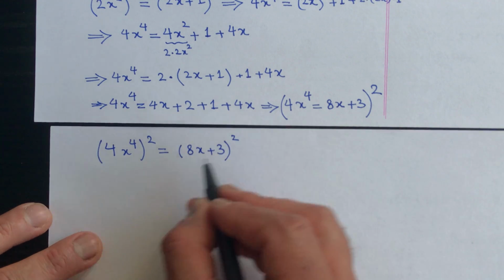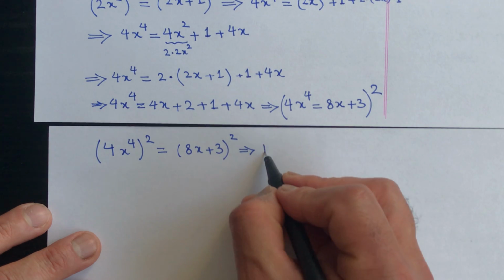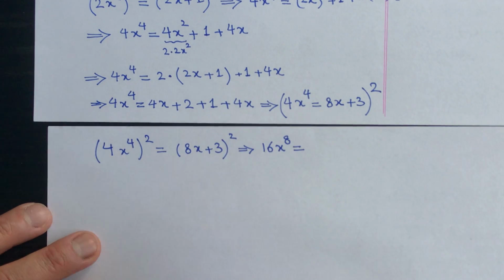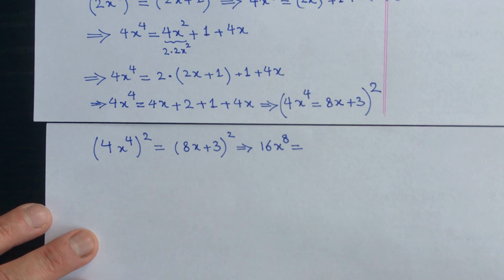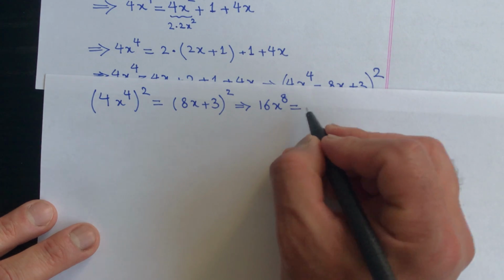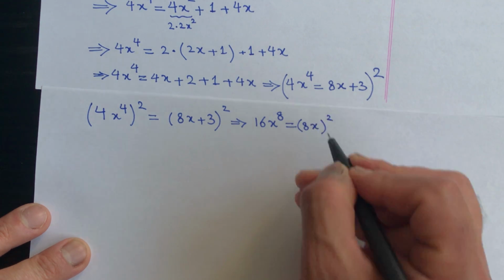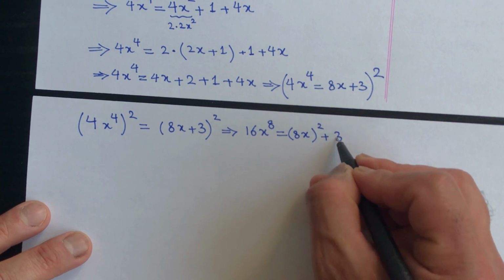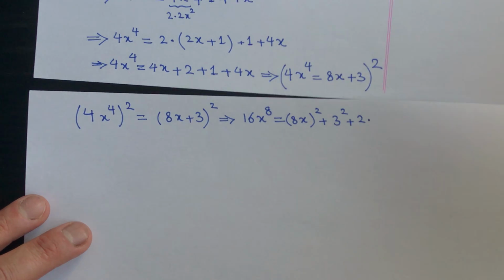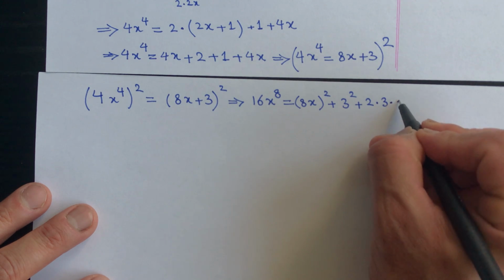Now for the first term, it's 16x to the power of 8 equals, and this term again by that mathematical expression I can write it: (8x)² plus 3² plus 2 times 3 times 8x.